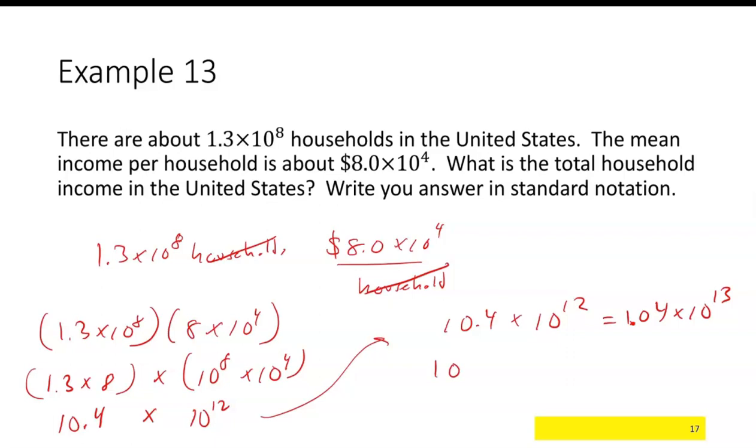So 1, 0. So there's one place, and then 2, 3, 4, 5, 6, 7, 8, 9, 10, 11. So the total household income is in the millions, billions, about 10.4 trillion. So 10 trillion, 400 billion.